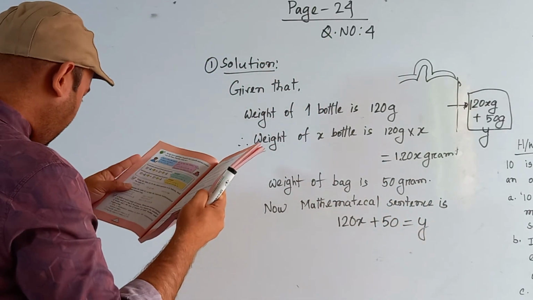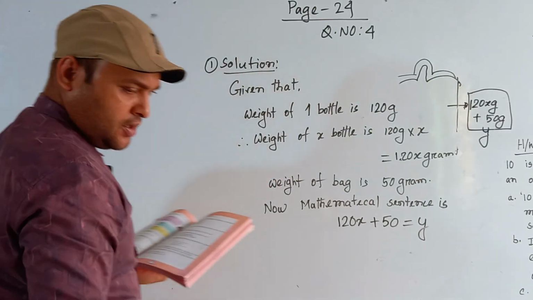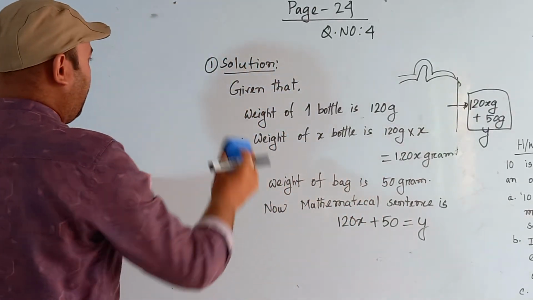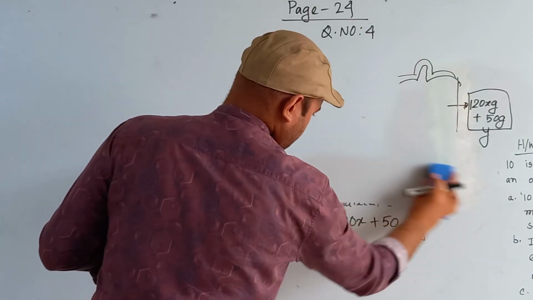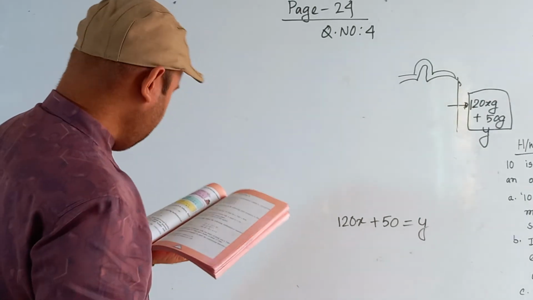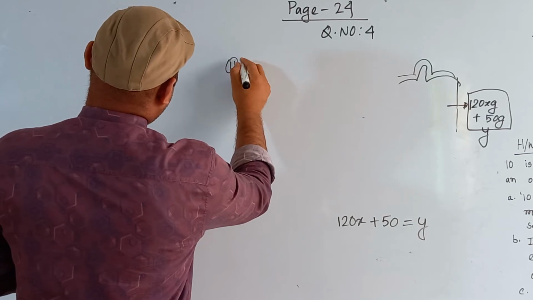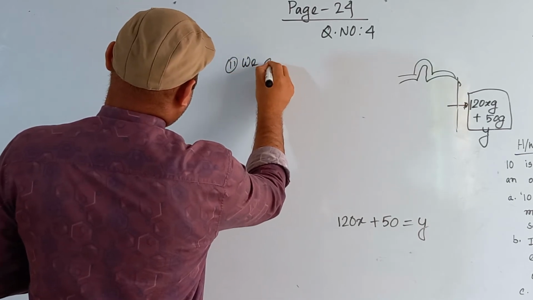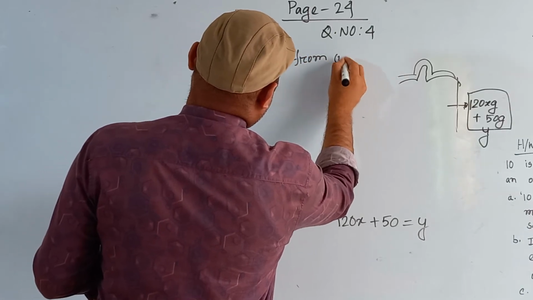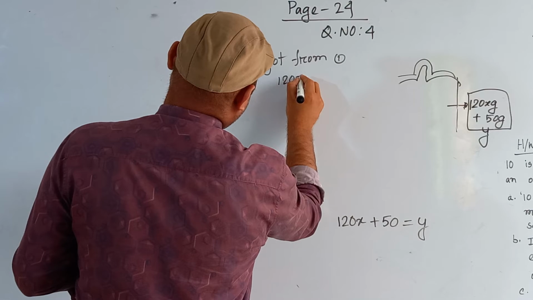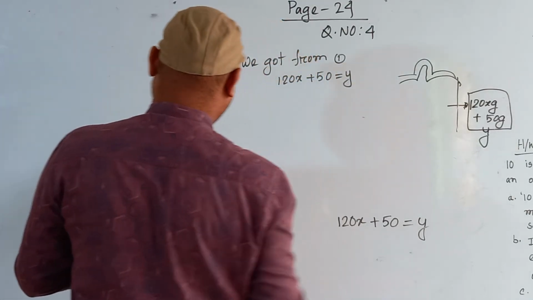Now question number 2, find the value of y when x is 10. Hope you understood this one. From question number 1, we got 120x plus 50 is equal to y.